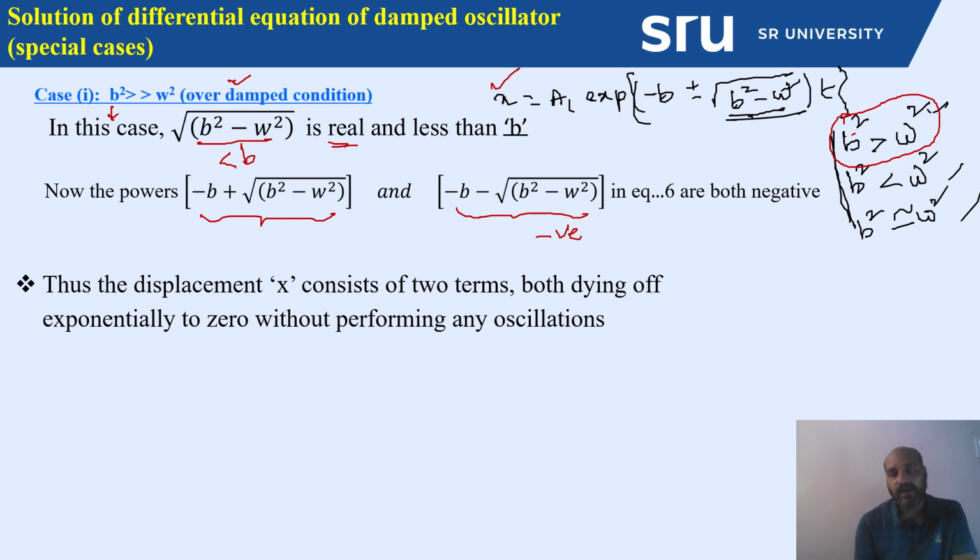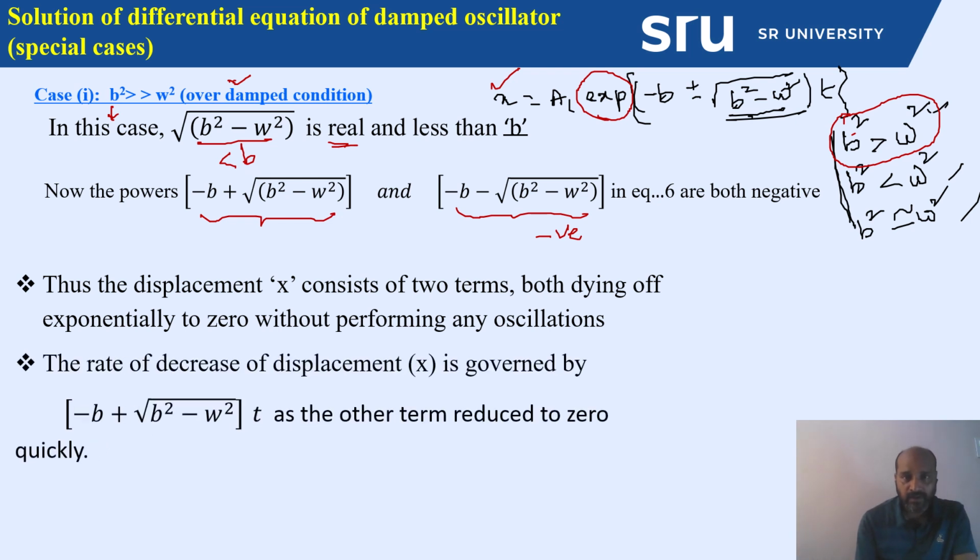In what way are they decreasing? They are decreasing exponentially. However, this second term has a more negative value. So the position of the oscillator will decrease very rapidly because of this second term, because this is more negative.